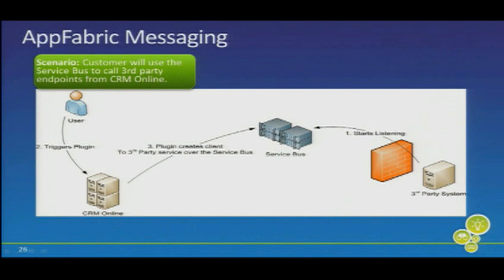So our user makes a call to the web services in, say, CRM Online. We've registered a plugin with the plugin registration tool, and we're going to show that shortly. We've said this plugin is a remote plugin, so when you need to execute this plugin as part of the pipeline, pick up that context, pass it over the wire, and execute it somewhere else.